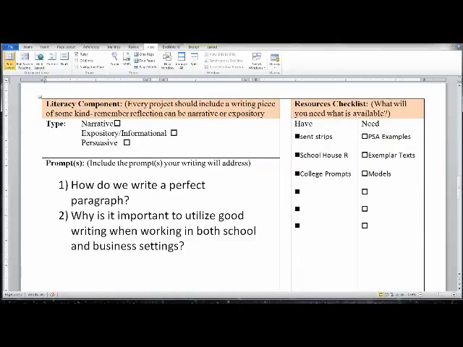Now, moving down, this next component I get a lot of flack for. There are a lot of people that don't understand why a literacy component, a writing component, has to be a part of every project. The simple and dirty answer is, and I've said this on my podcast, so you can find the episode: literacy is not just your English teacher's job.